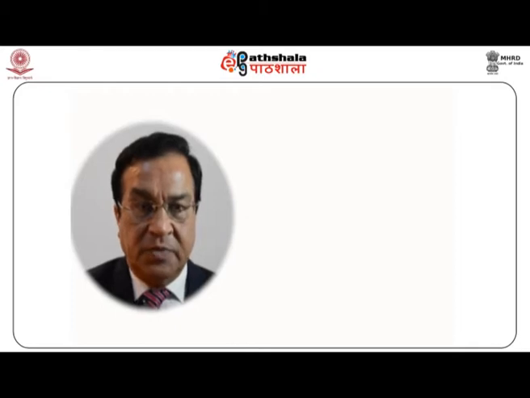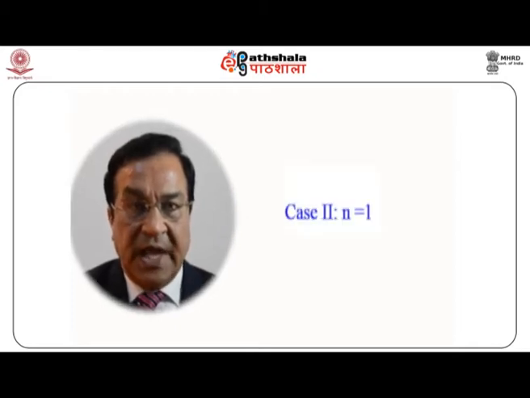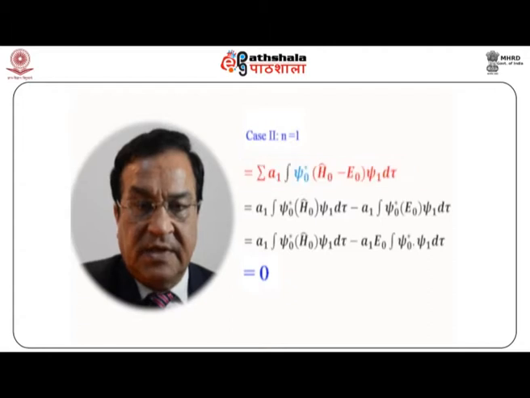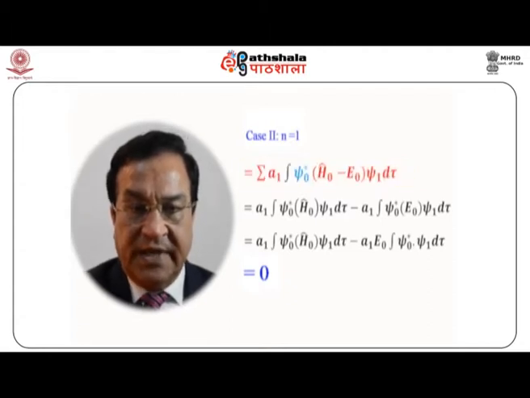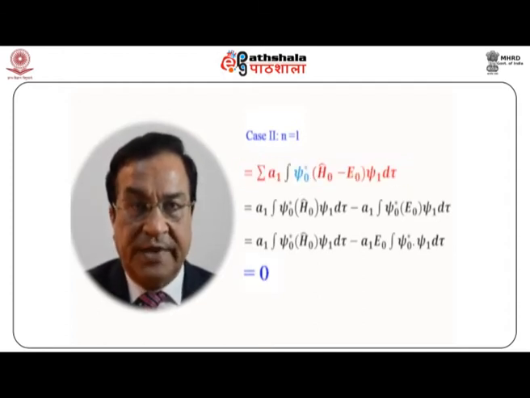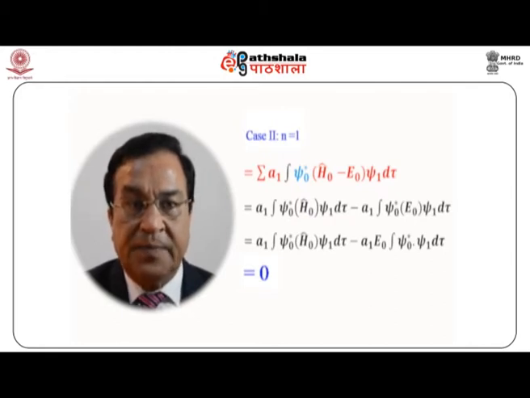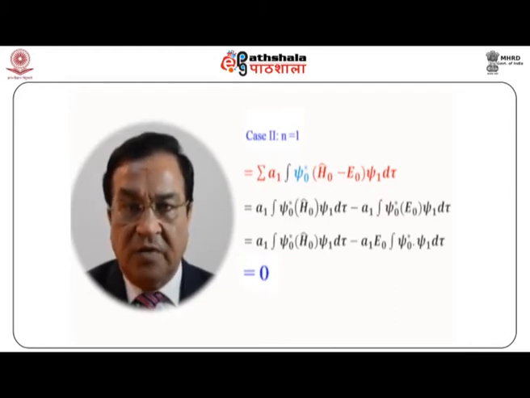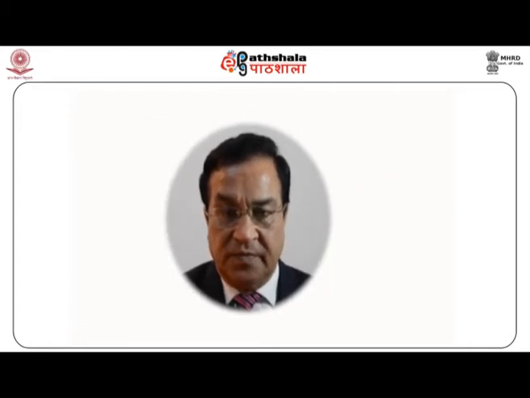Then we come to the case 2, where n is equal to 1. In this case, if we again solve this, we can see that the left hand side again becomes equal to 0. This is because H is a Hermitian operator and eigenfunctions of Hermitian operators are always orthogonal, and therefore this also becomes equal to 0.